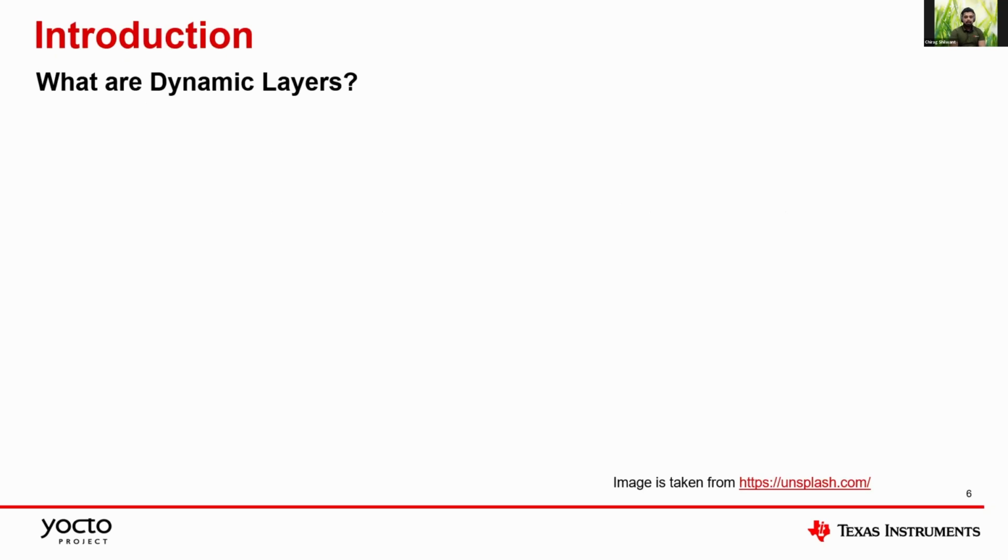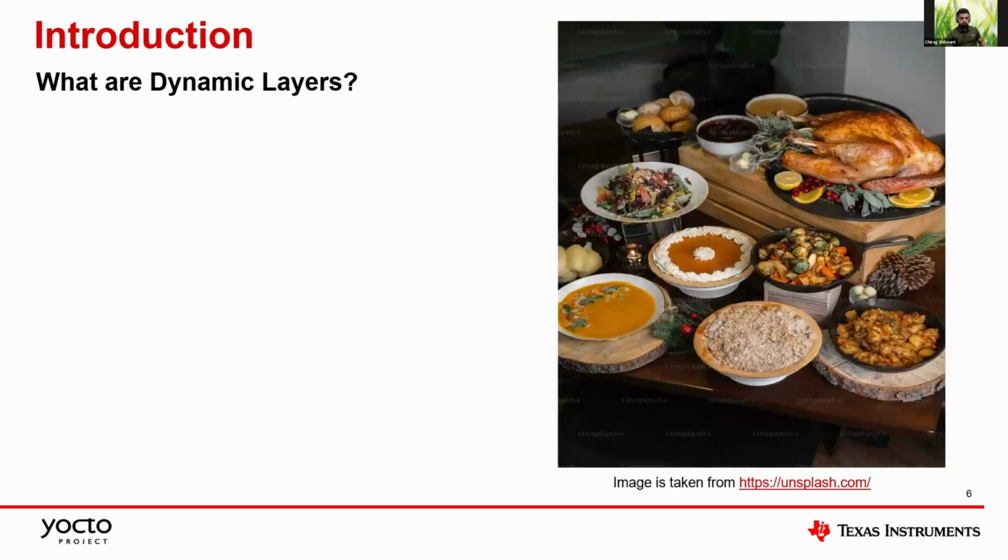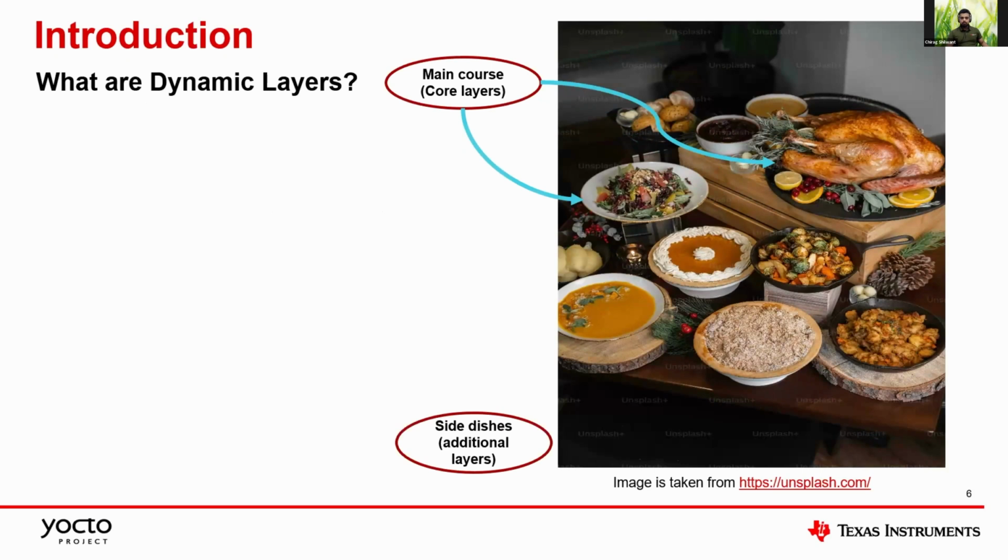So what are dynamic layers? Before jumping onto dynamic layers, I have something for you all. I have a treat meal for everyone out here. I have a few main courses for you along with a few desserts or side dishes.